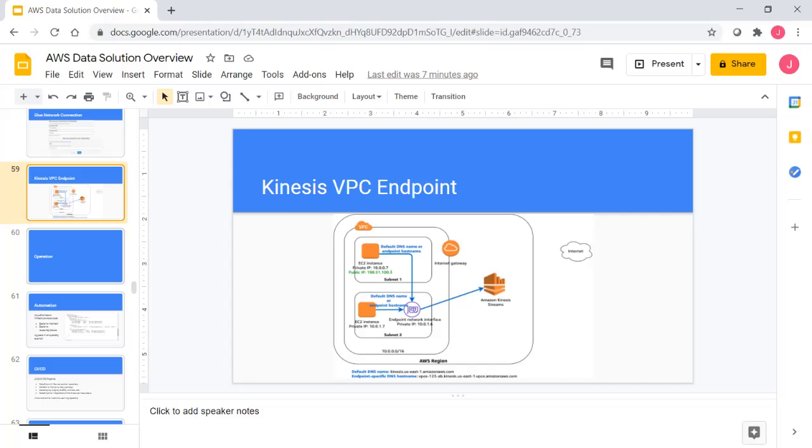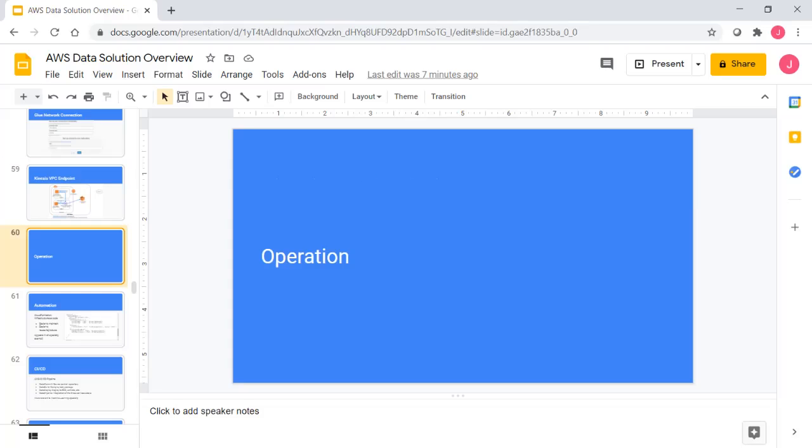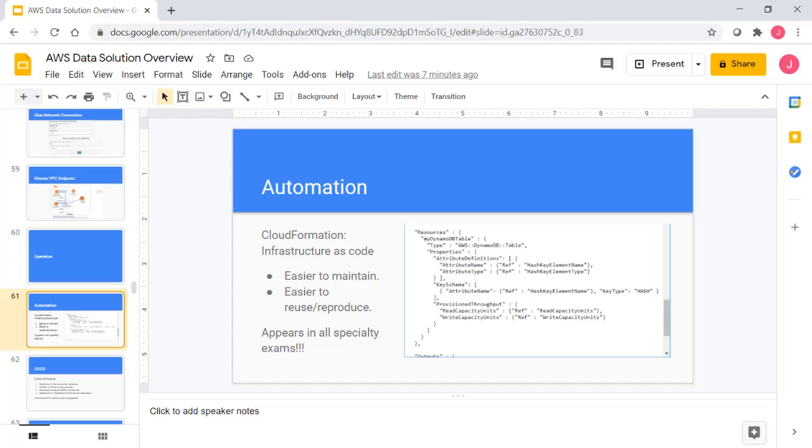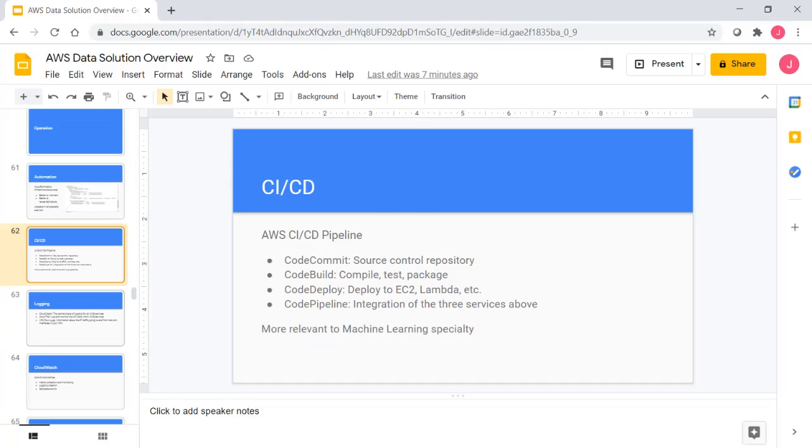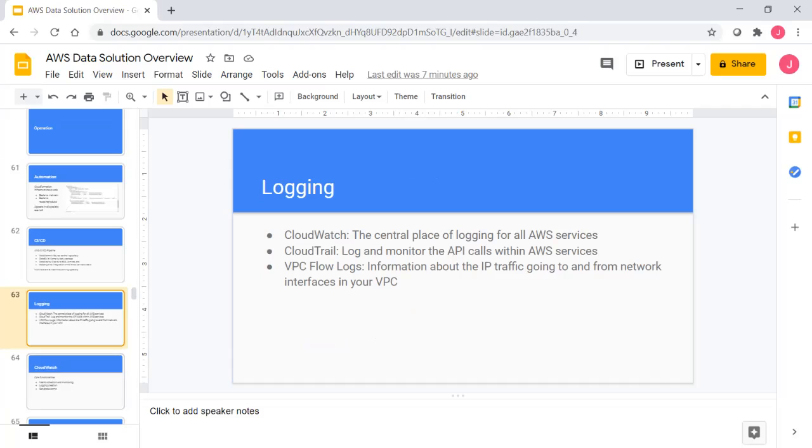Now let's take a look at operations. Operations are actually a series of tools that is not directly related to any specific web service. For example, we will use CloudFormation for automation and CI/CD pipeline for CI/CD, and CloudWatch, CloudTrail for logging, something like this.